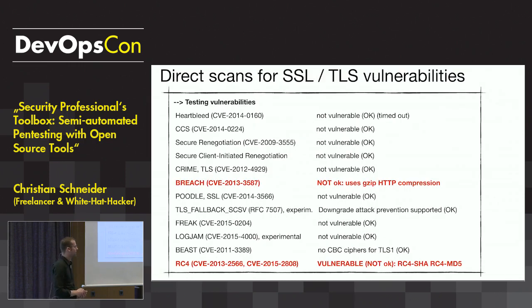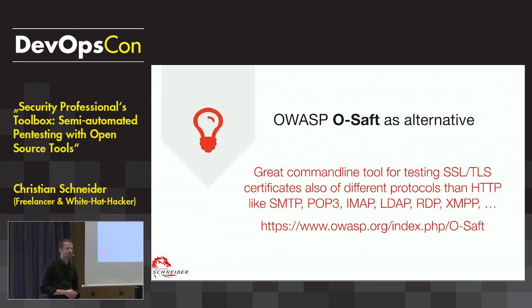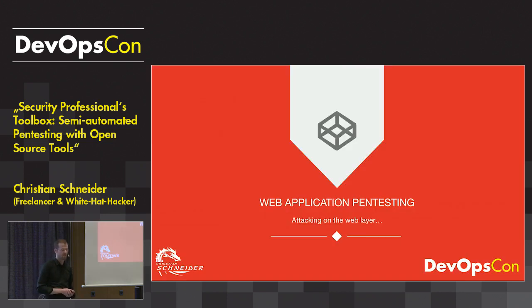The red things are bad configurations of your cipher suite, so using vulnerable ciphers like RC4, whatever, that's definitely broken and shouldn't be used. This is something you can get from this script. Or as an alternative, also the OWASP O-Saft, which is also very nice at performing these kinds of TLS or SSL checks. This was just to get this thing started here in this talk.